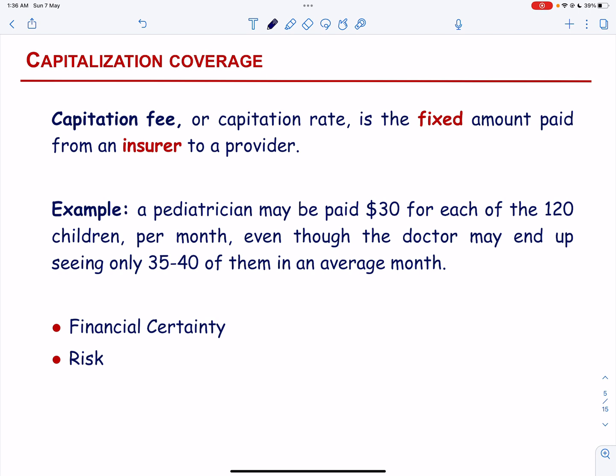So that means 30 times 120, and that is equal to $3,600, even though the doctor may end up seeing only 35 to 40 of them in an average month. In other words, the doctor is going to receive an average amount of $90 per child visit in an average month.